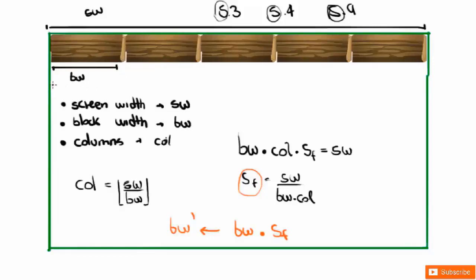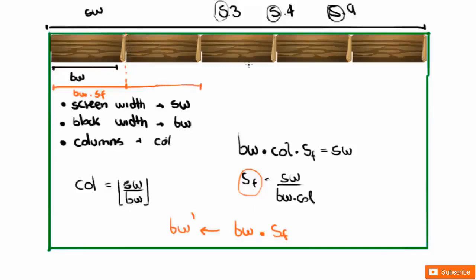So in this case, BW times SF would be this. And since this block ends up here, we're going to start this second block later as well. So it's going to move even further.